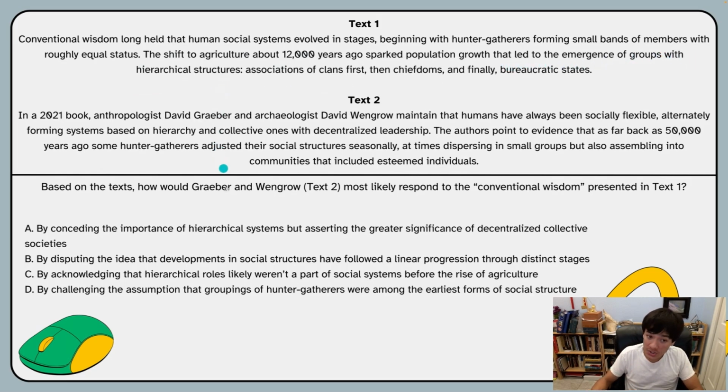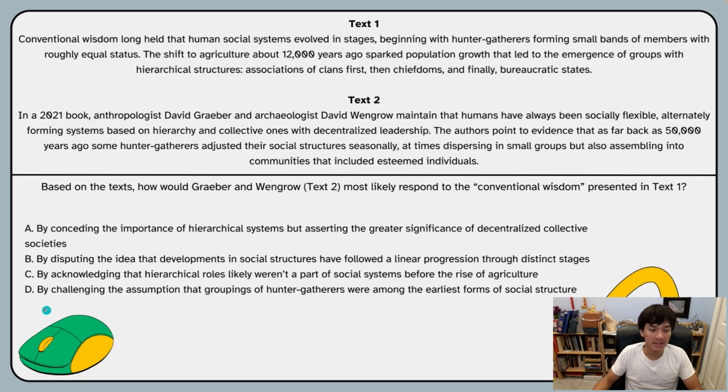However, the question is asking you how Text 2 would respond to Text 1. Text 2 never mentions anything about the rise of agriculture. They talk about hunter-gatherers, but they never say that the rise of agriculture led to certain social structures. So we know that C is not correct because it never is mentioned in Text 2.